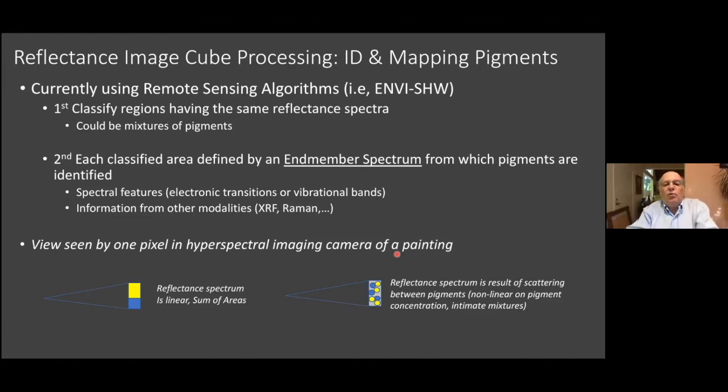And what I want to point out to you, which is important, is that in normal remote sensing, when you're imaging, you may have one pixel in your data cube that's composed of two different materials, but they're optically thick. So we may have a patch of grass and maybe some, let's say, some road. And the reflection spectrum is the linear sum of the weighted areas. In the case of paintings, what we have is very small pigments that are in intimate contact, where the light is rattled around and scattered.